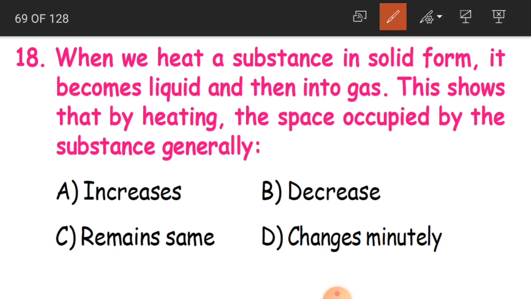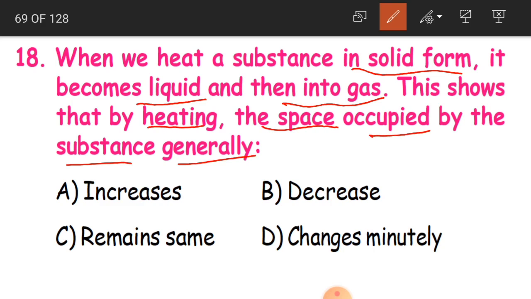Now, 18th question. When we heat a substance in solid form, it becomes liquid and then gas. This shows that by heating, the space occupied by the substance generally increases, decreases, remains unchanged, or changes minutely.